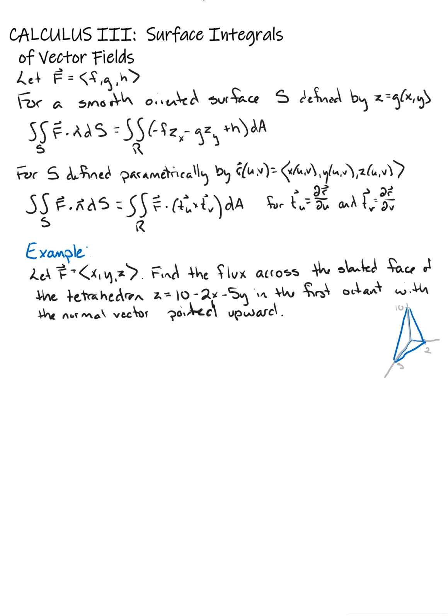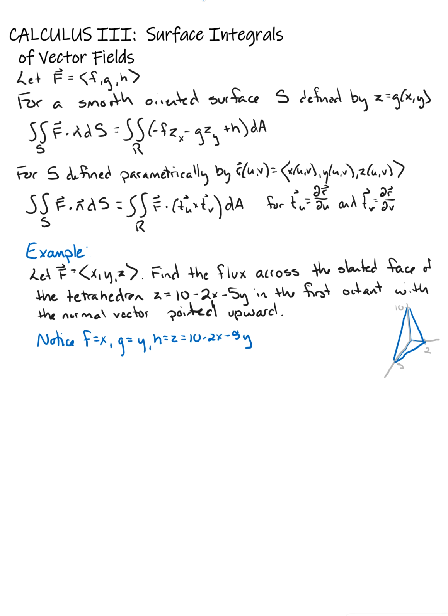First off, just need to notice that f is equal to just x, g is equal to just y, and h is equal to z. Of course, remember f, g, and h could be in terms of any of those three variables. Hold on, I wrote that backwards. Let's see, that's h is equal to z. But z we also know is 10 minus 2x minus 5y, so h is 10 minus 2x minus 5y.